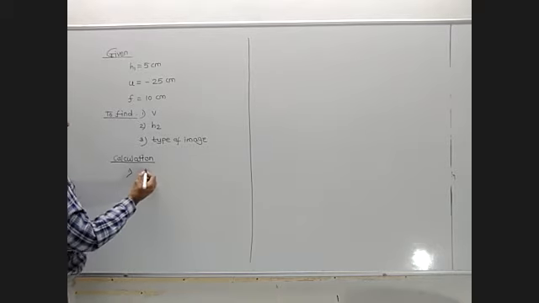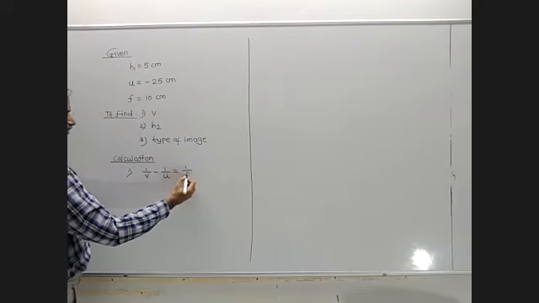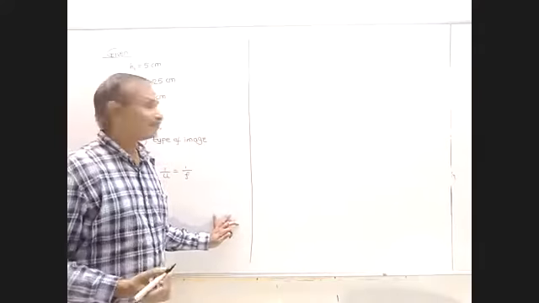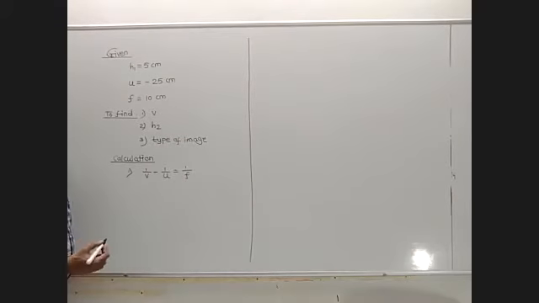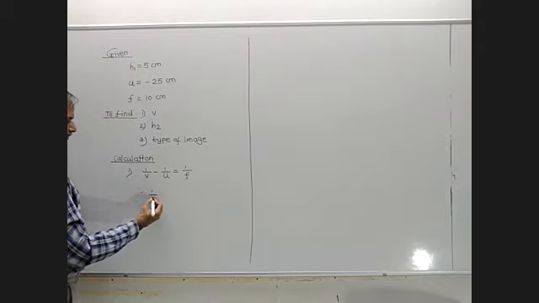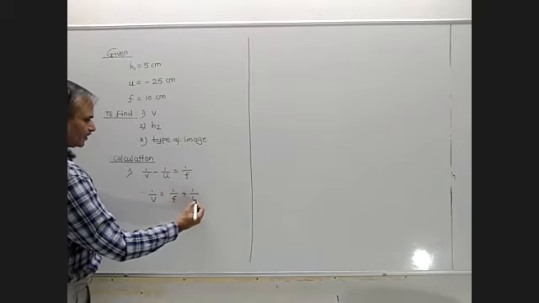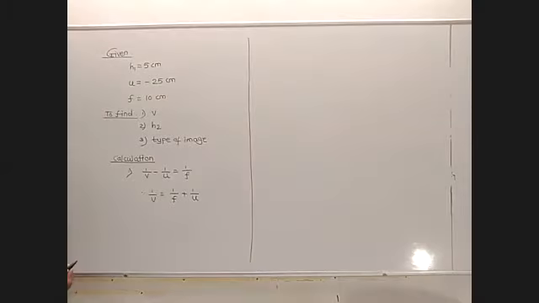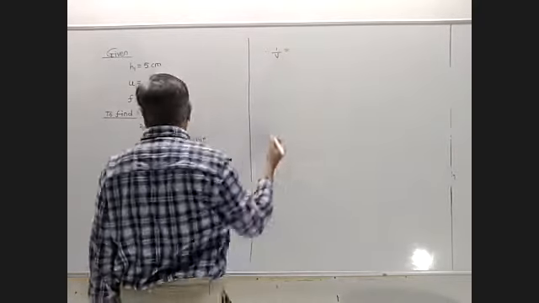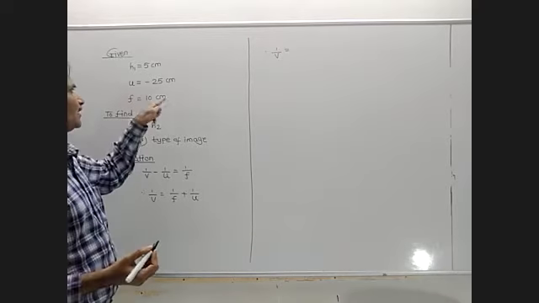first 1 upon v minus 1 upon u is 1 upon f. This is the lens formula. Now you want to find the value of v. So we will keep the term of v on one side. So 1 upon v is equal to 1 upon f plus 1 upon u. Converging is convex lens, so that is why its focal length is positive.